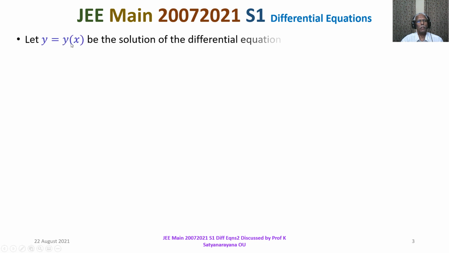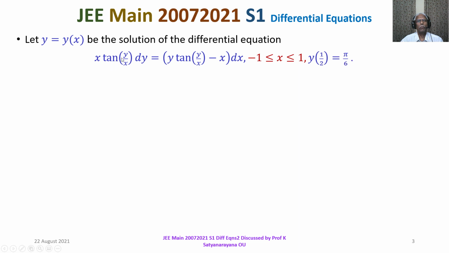let y is equal to y of x be the solution of the differential equation x tan of y by x dy is equal to, in brackets, y tan of y by x minus x into dx, valid in -1 less than or equal to x less than or equal to 1 under the initial condition y at x is equal to half is equal to pi by 6.